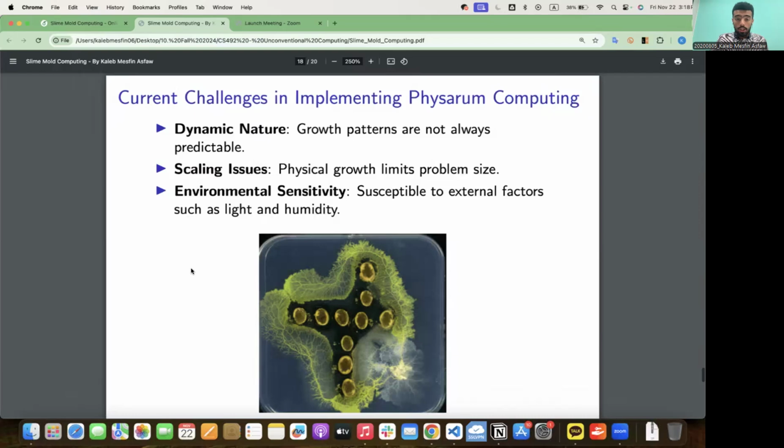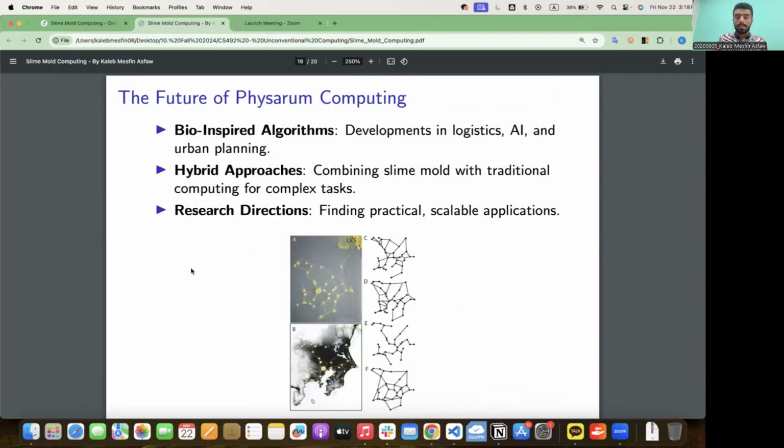Because this fundamental technique has been shown to apply to many applications, I believe what we require is just the curiosity to adapt their setting to a different domain, and we can see that they're able to generate many optimal solutions in logistics, AI, and urban planning, especially because we talked in detail about how they were used to map the shortest paths between cities in US states, also in Canada, and we practically saw how they mapped the railway system of Tokyo.